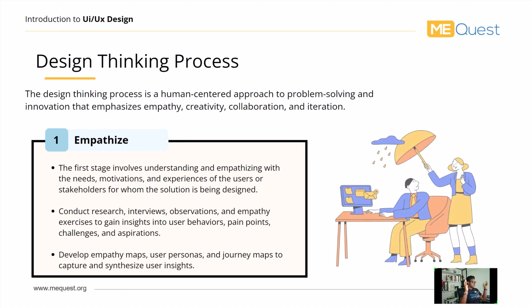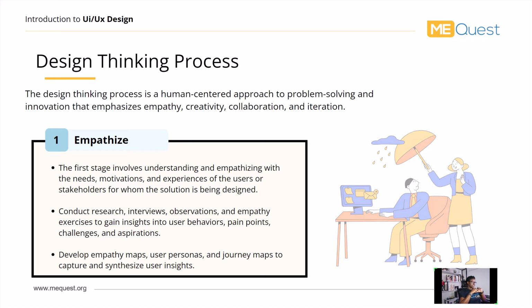The design thinking process is a human-centered approach to problem solving and innovation, and it emphasizes empathy, creativity, collaboration, and iteration. So, empathy, the first stage, involves understanding and empathizing with the needs, motivations, and experiences of the user or stakeholders for whom the solution is being designed, right?